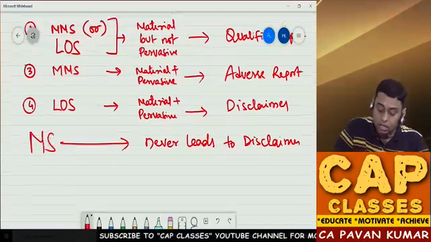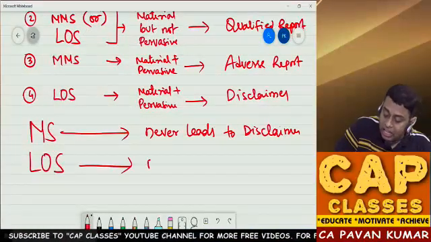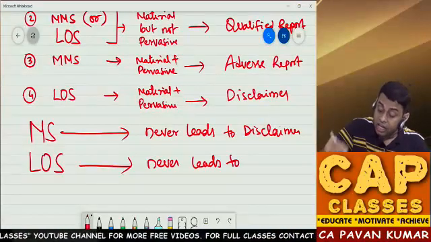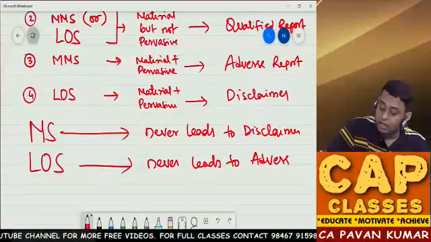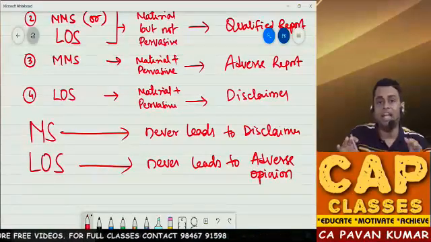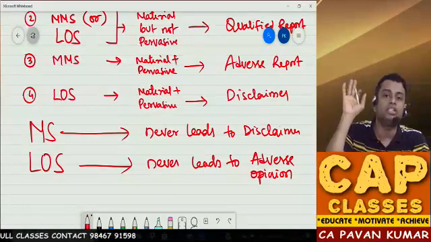Then you come here. And remember one thing, limitation on the scope never leads to expressing adverse opinion. When I cannot verify a fixed deposit receipt, how can I say there is no fixed deposit receipt?